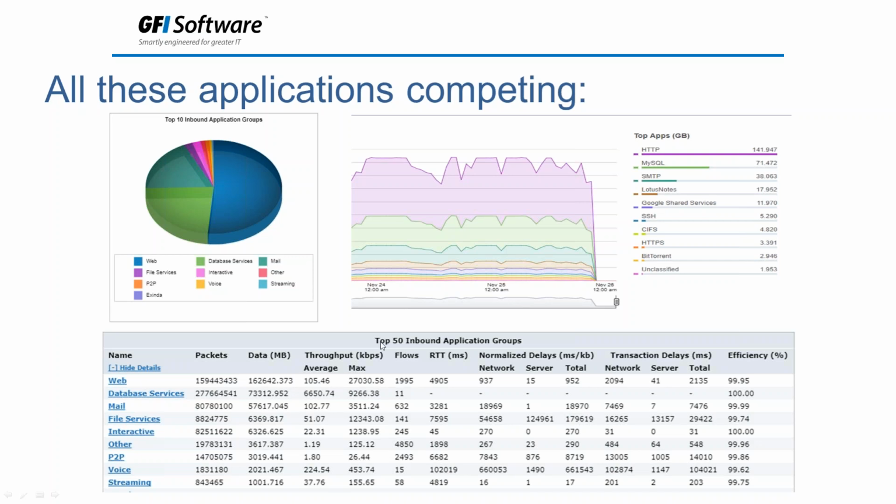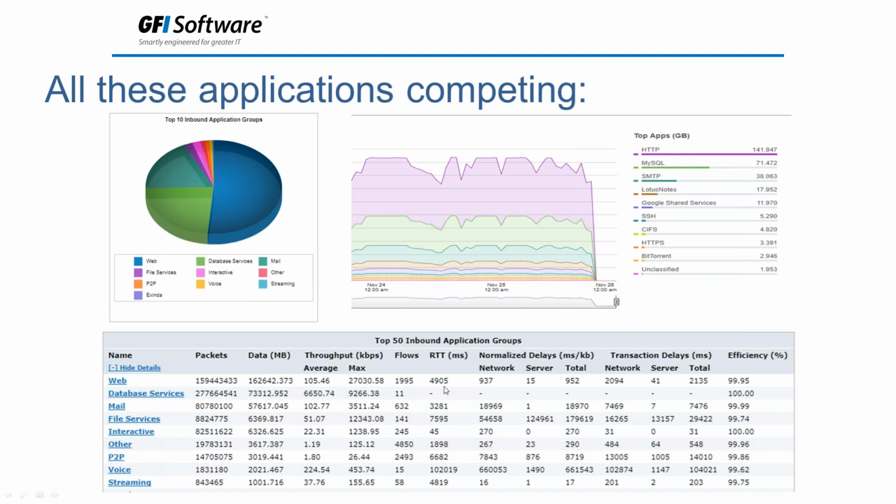So if you look at the top inbound application groups, you can start to see these patterns and trends, and you can also look at them from a performance perspective as well. So this is not just the usage, not just the overall bandwidth, we're also looking at the applications from a performance standpoint. How are they acting, and what is their behavior on your network? So for QoS, we're taking a look at the total amount of packets, the data involved, the throughput.